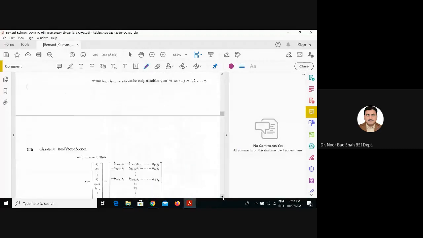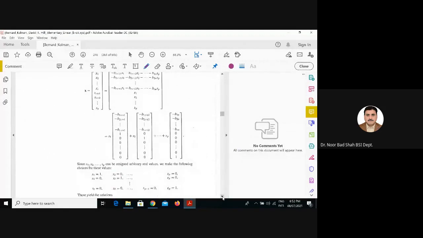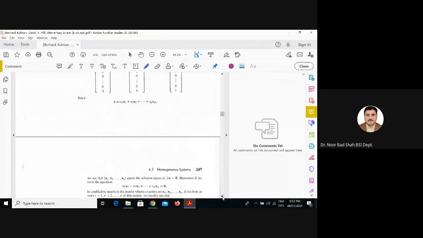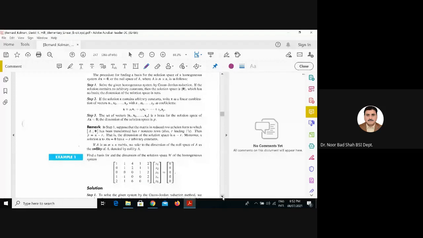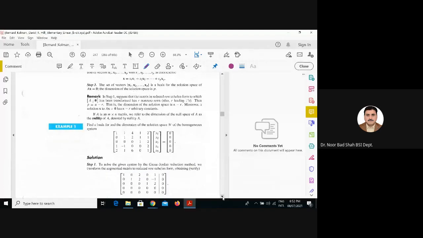You solve it, and we get arbitrary constants in it, which we call parameters, and then you split that solution, one vector depending on R only, the other one depending on S only, and if you have three parameters, R, S, T, and so on, and that will give you the basis then.